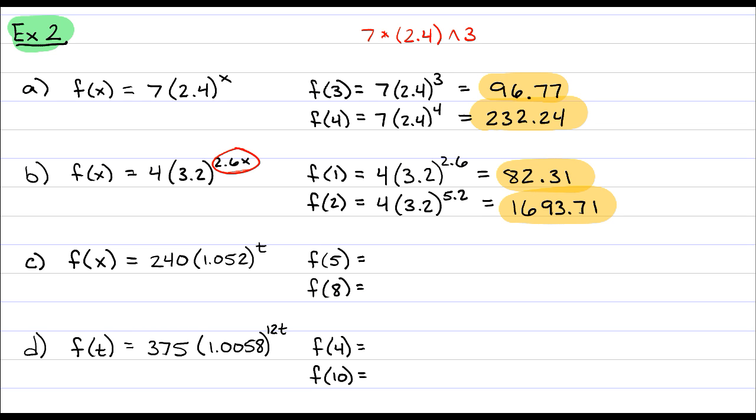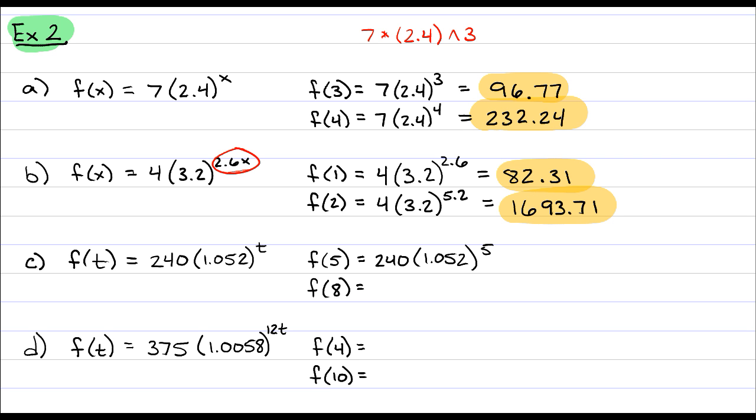In part C, we have this function, I have written here f of x, but our variable here is actually t, so let me change that really quickly. f of t. Okay, so the first thing I want to calculate is f of 5, so I take 240 times 1.052 raised to the 5th.